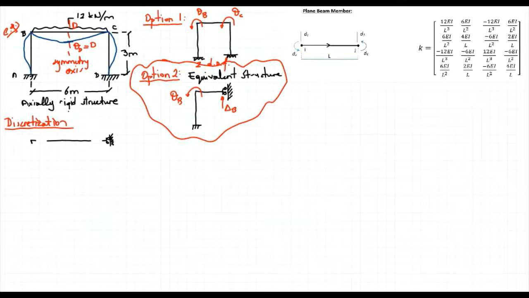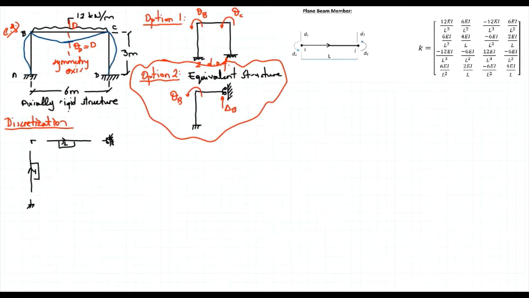These are my nodes and members. Again, I got 2 members here. This is my first member, and this is my second member.